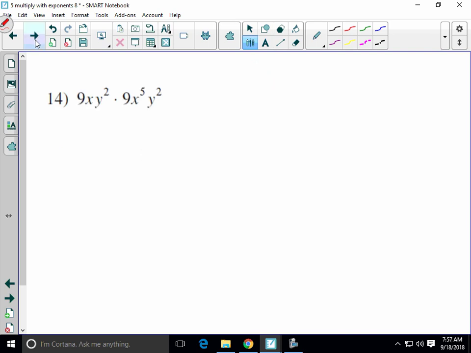Okay, let's look at some examples with more than one variable. So here I have x's and y's. So I'll do the numbers first. 9 times 9 is 81. Then I have x to the first times x to the fifth. I'm just looking at these like bases, and I can multiply those because they're both x's.